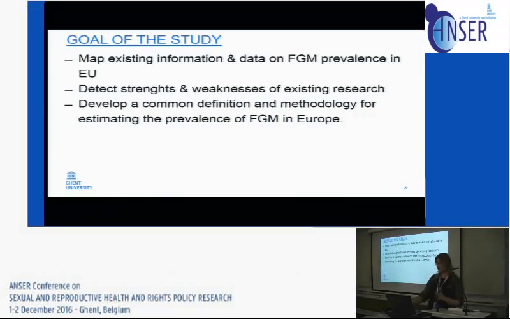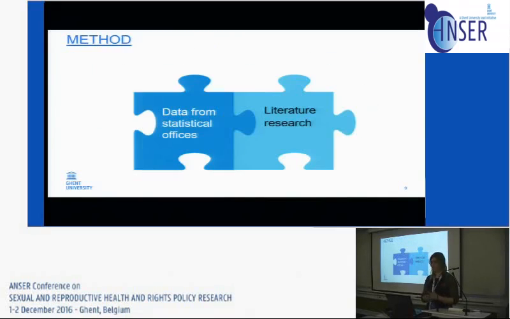So in our situation analysis, we looked at existing information, so existing studies and data on FGM prevalence in the EU. We did a SWOT analysis, and based on that SWOT analysis, we developed a common definition and a methodology for estimating prevalence of FGM in Europe.